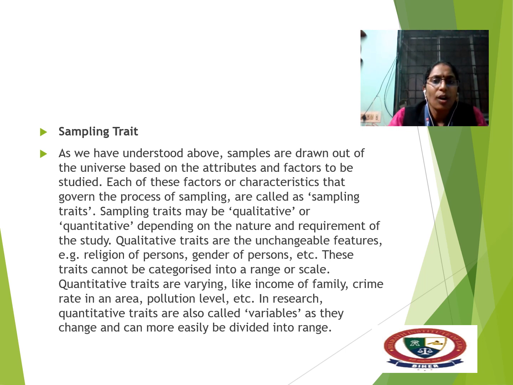Qualitative traits are the unchangeable features, for example, religion of a person, gender of a person, etc. These traits cannot be categorized into a range or scale. Quantitative traits are varying, like income of a family, crime rate in an area, pollution level, etc. In research, quantitative traits are also called variables as they change and can more easily be divided into ranges.